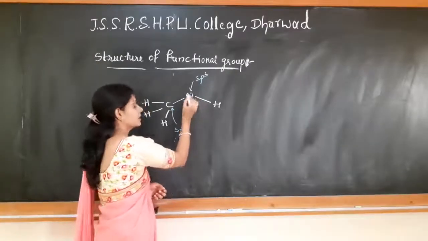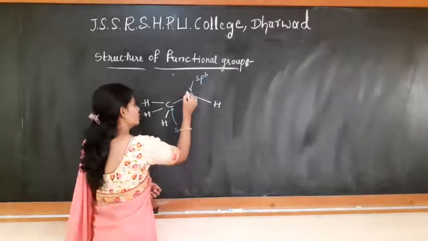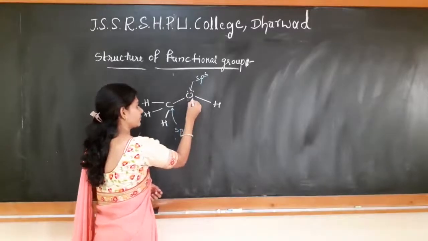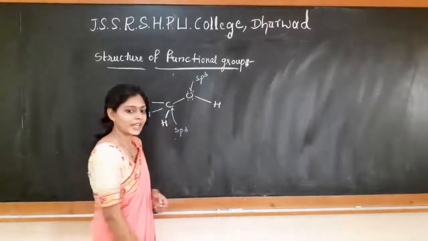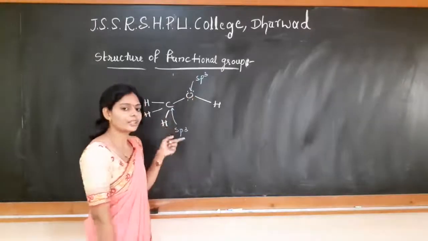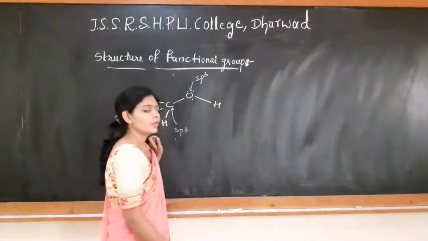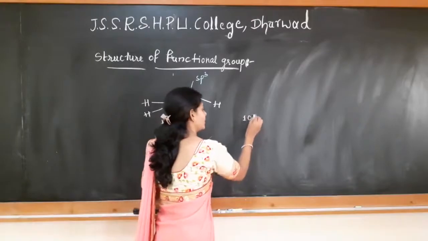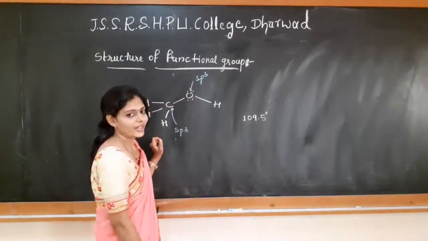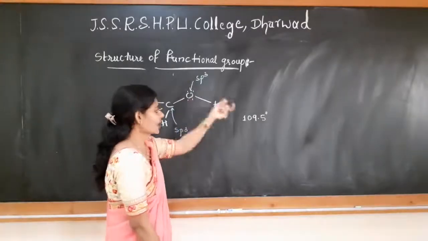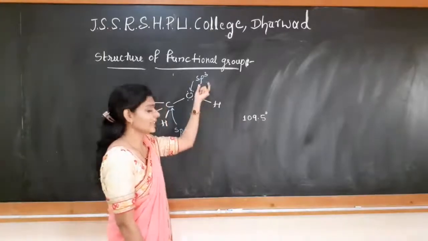And this oxygen contains two lone pairs of electrons. As they have sp3 hybridization, it should have tetrahedral geometry with a 109.5 degree bond angle, or 109 degrees 28 minutes. That is the actual tetrahedral angle for sp3 hybridization.